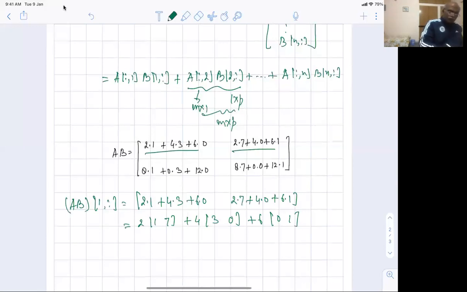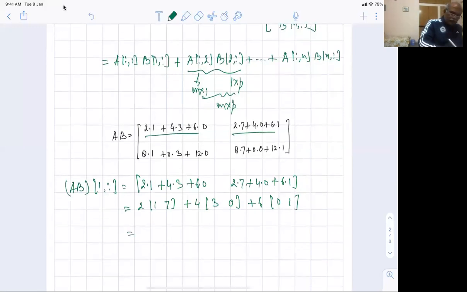All right. This is the same as 2 is here, 4 is here, 6 is here, times I can write here 1 7 for the time being. Just look at here. 2 into 1 7 will come together like this, 4 into 3 0 and then 6 1. All right. So let me not write like this, otherwise.